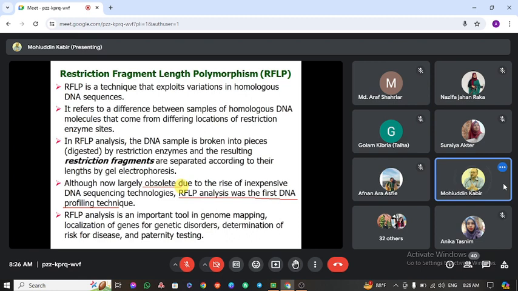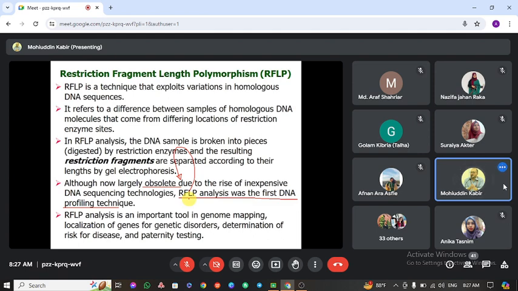So the RFLP analysis technique has now been replaced by DNA sequencing techniques. And DNA sequencing is very cheap now.